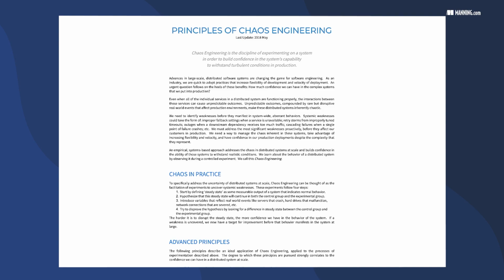But what chaos engineering really is, is this experimentation on a system, and it can be a big system, it can be a complex system, or it can be as simple as a single process on the host. And by experimenting with it and confirming scientifically that what you think is going to happen is actually happening when that situation is going on, that's where you create the value of chaos engineering.